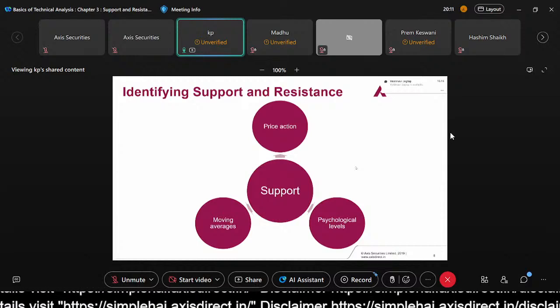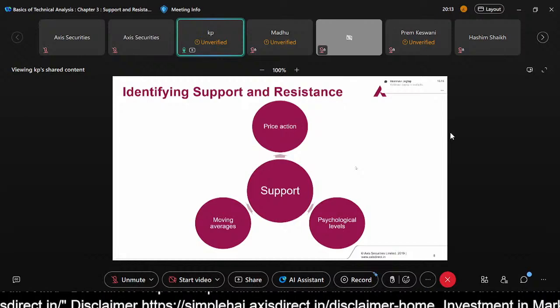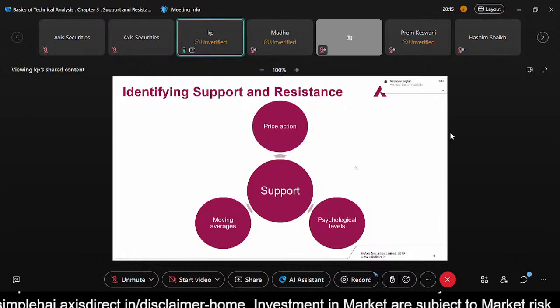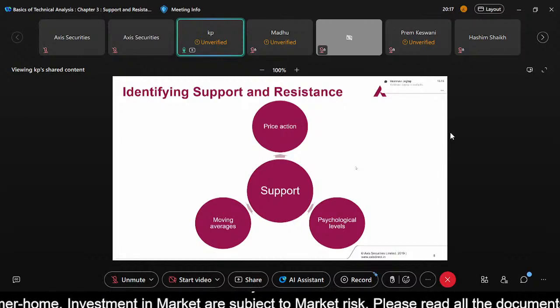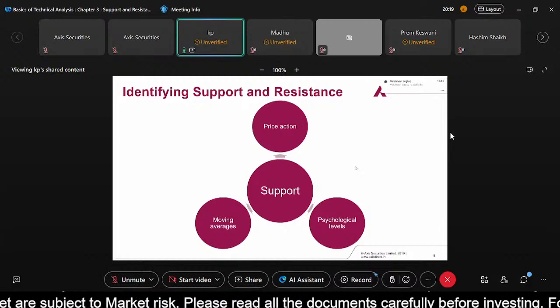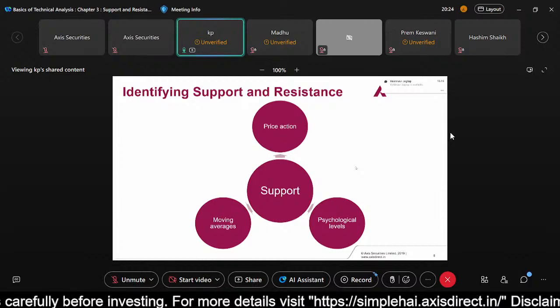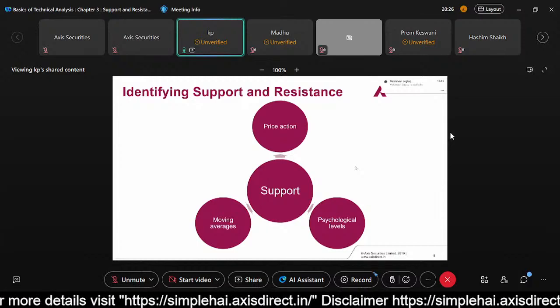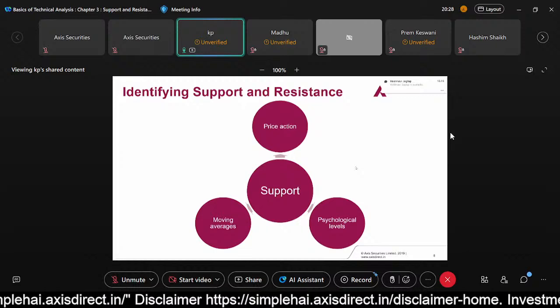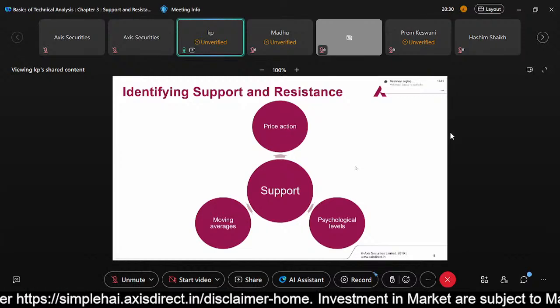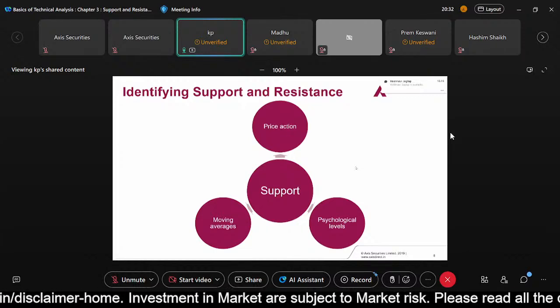Then to identify resistance and support levels we have moving averages. You would have seen in our webinars, we prefer to keep 3 moving averages, that is 5, 13 and 21. Now, for me, when I'm keeping those short-term moving averages, 21 is the longest period, correct? So for me the major moving average there is the 21 period moving average.